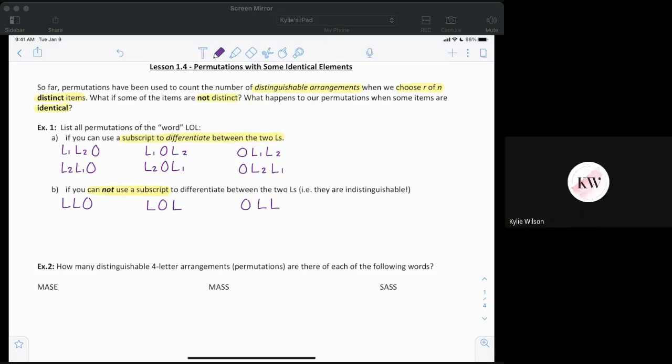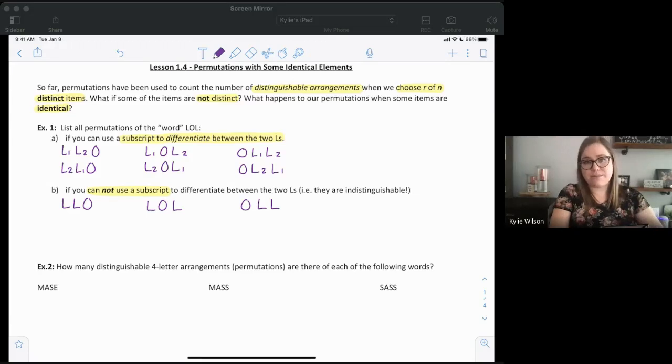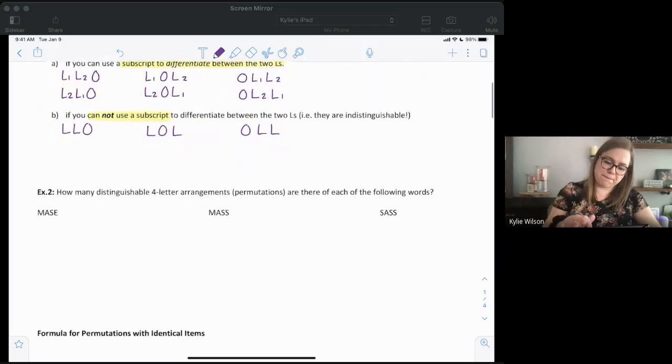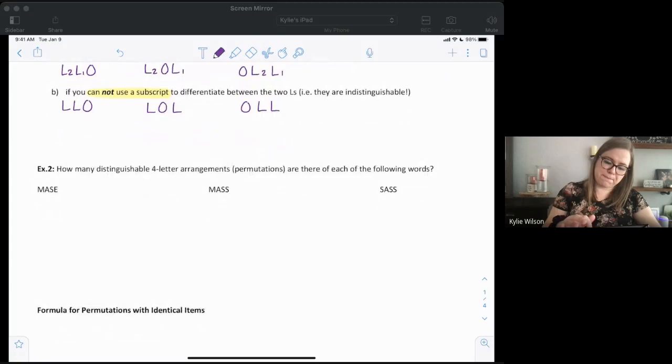Now, this kind of situation happens all the time, especially when we're rearranging words, just because we do have lots of identical elements, in that we could have things that have the same letter. So for example, we're going to look at these 4 words, and I'm going to show you how to address the identical elements, and then we'll look at the formula.